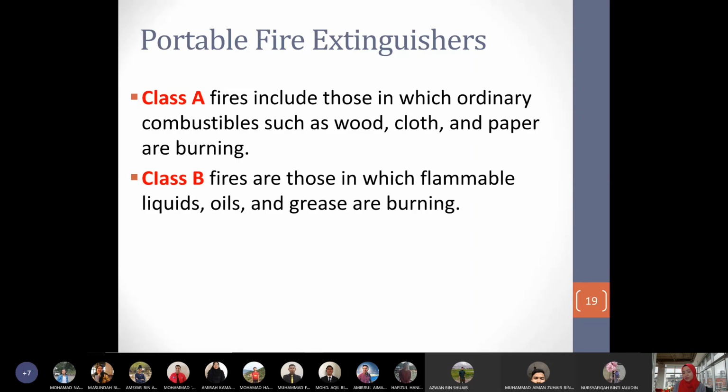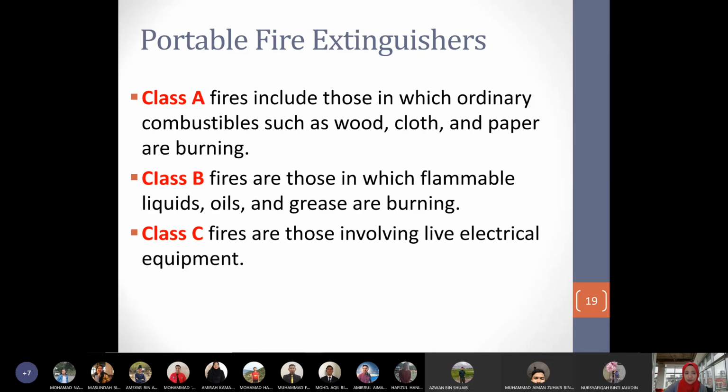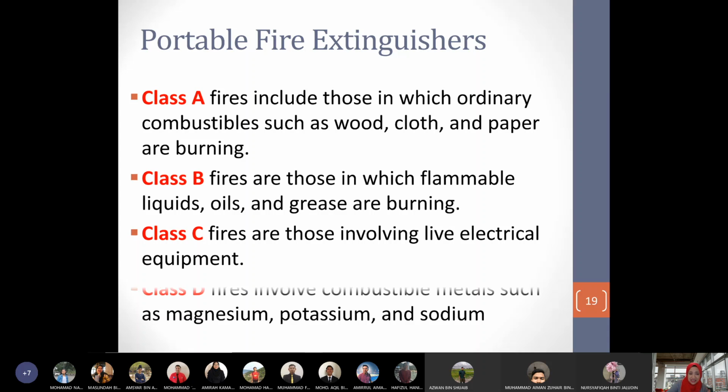So when you have hydrocarbon burning, that is Class B. Okay. And Class C are fires that involve live electrical equipment. So if you have a short circuit in a system and it causes fire, then that is Class C. And Class D is fire that involves chemicals or combustible metals, very reactive elements such as magnesium, potassium, and sodium.